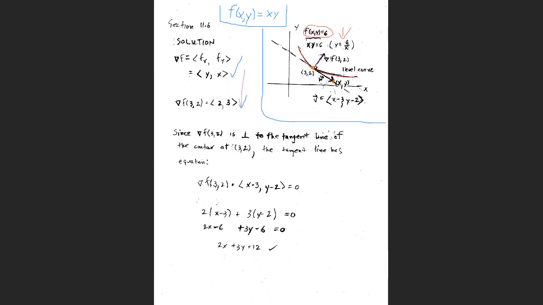I drew a tangent line, and the tangent line here is tangent to the level curve at the point 3, 2. 3, 2 is on the curve, right? Because it's on the level curve, because 3 times 2 equals 6.